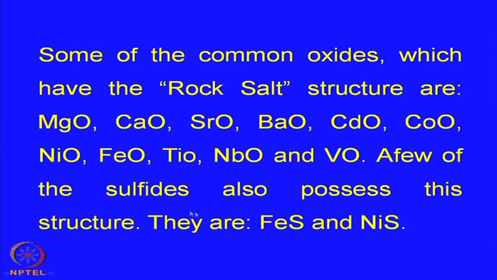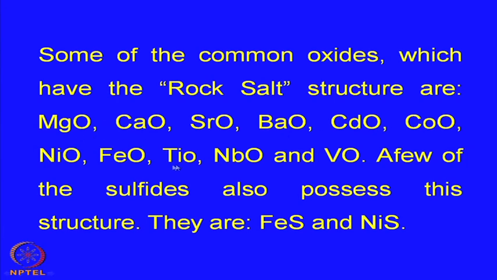A few of the sulfides also possess this structure, they are FeS and NiS. Of course, we will not be discussing sulfides too much, but while discussing the structure, there are different compounds having the same structure, and the description is the same.